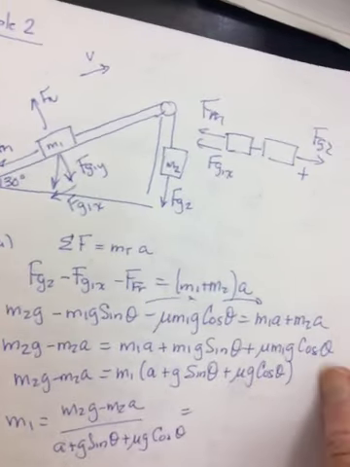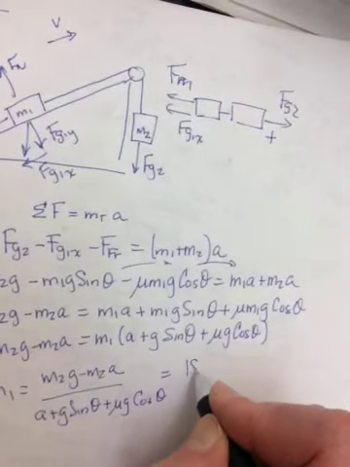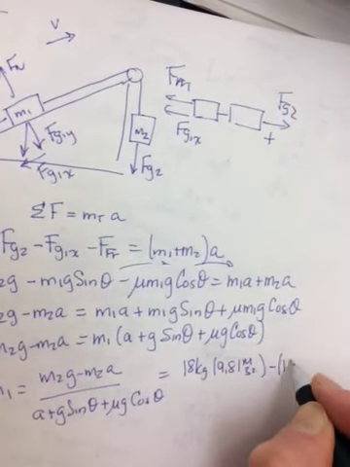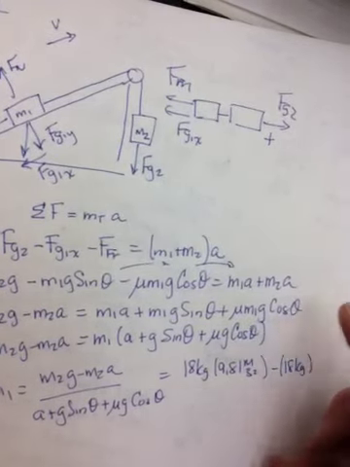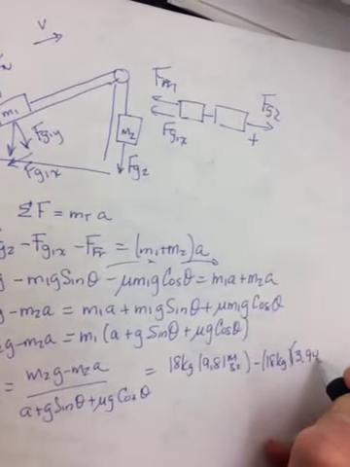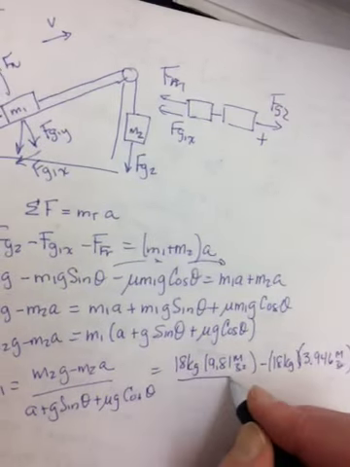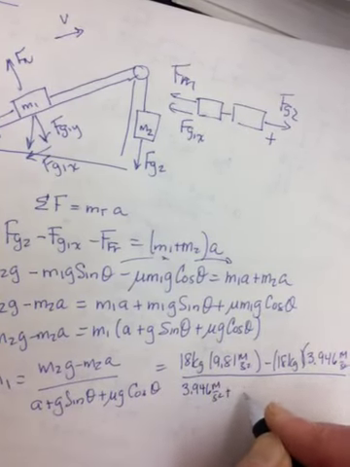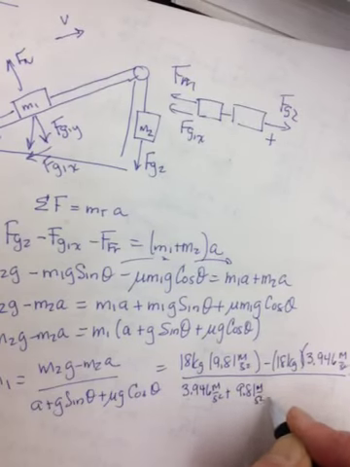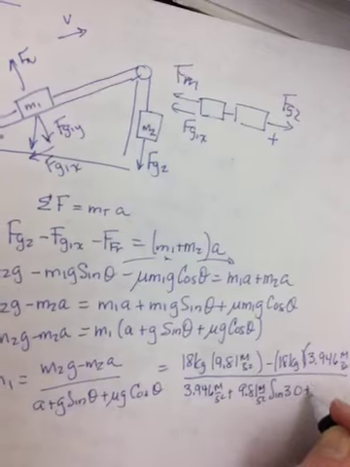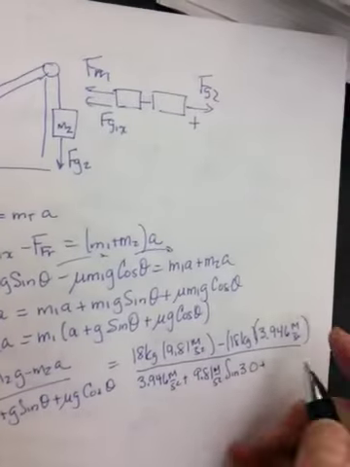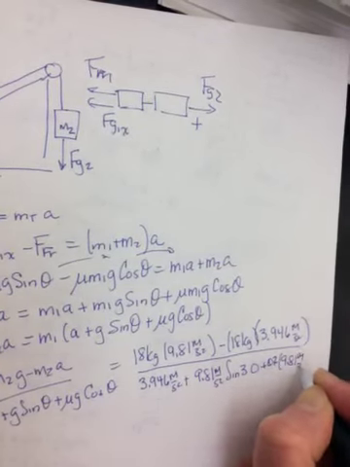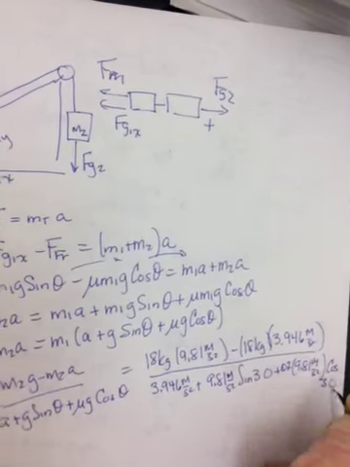And fill in your numbers. I forget what M2 was, 18 kilograms times 9.81 meters per second squared minus 18 kilograms times 3.946 meters per second squared, divided by 3.946 meters per second squared plus 9.81 meters per second squared times sine of 30 plus, I forget, 0.2 times 9.81 meters per second squared times cos of 30.